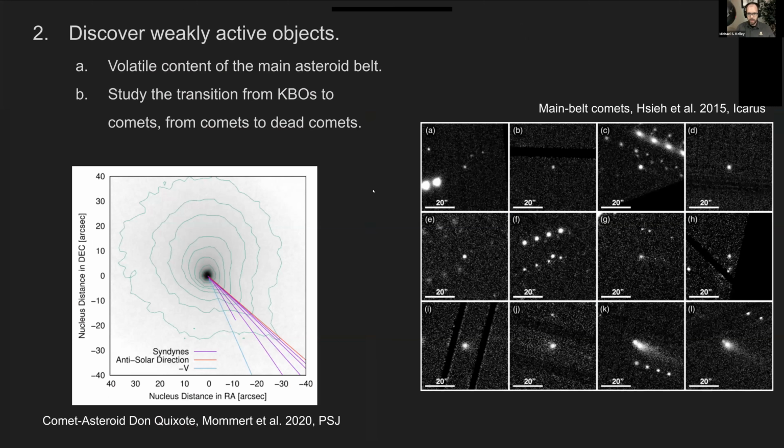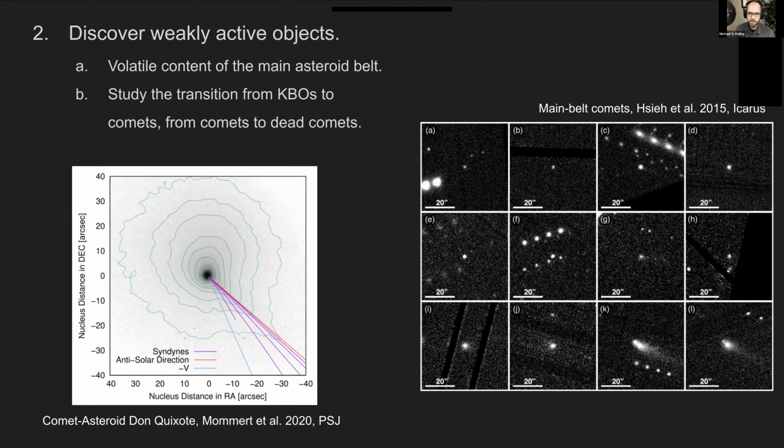So then we also want to discover weakly active objects. The reason is this weak activity is a sign of volatiles, and the classic problem for this is in the main asteroid belt, where we have several examples of asteroids that dynamically should have been in the asteroid belt for billions of years, yet somehow they've preserved water ice below their surfaces.